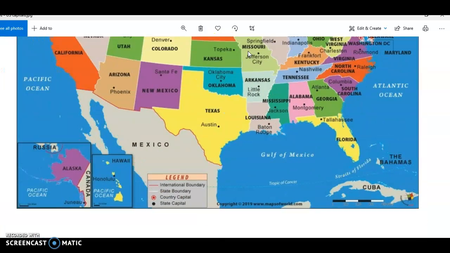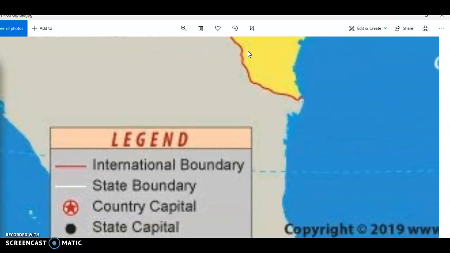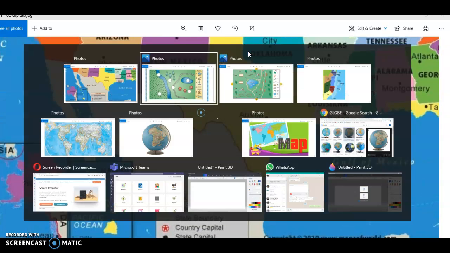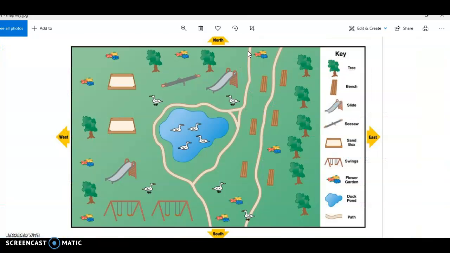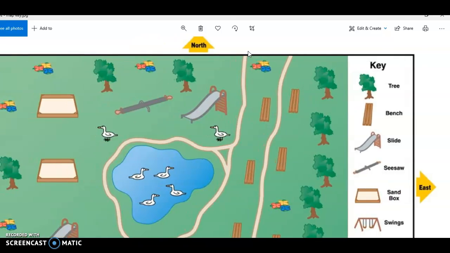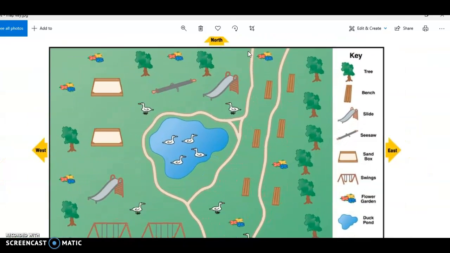So let's review the two parts that we're studying today. A legend helps us to understand what drawings and symbols on the map mean. And it's the same thing for a map key. A map key also helps us to understand what the symbols on the map mean.